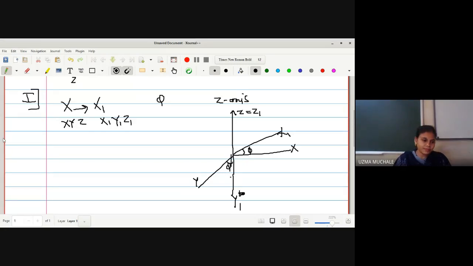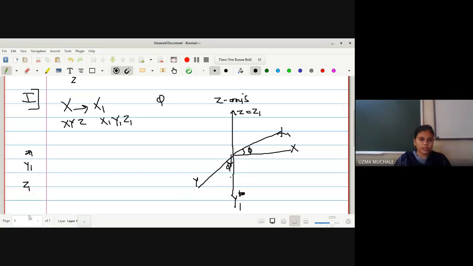So how are we going to write down these transformation equations? First we have to write x1 is equal to, then y1 is equal to, then z1 is equal to.